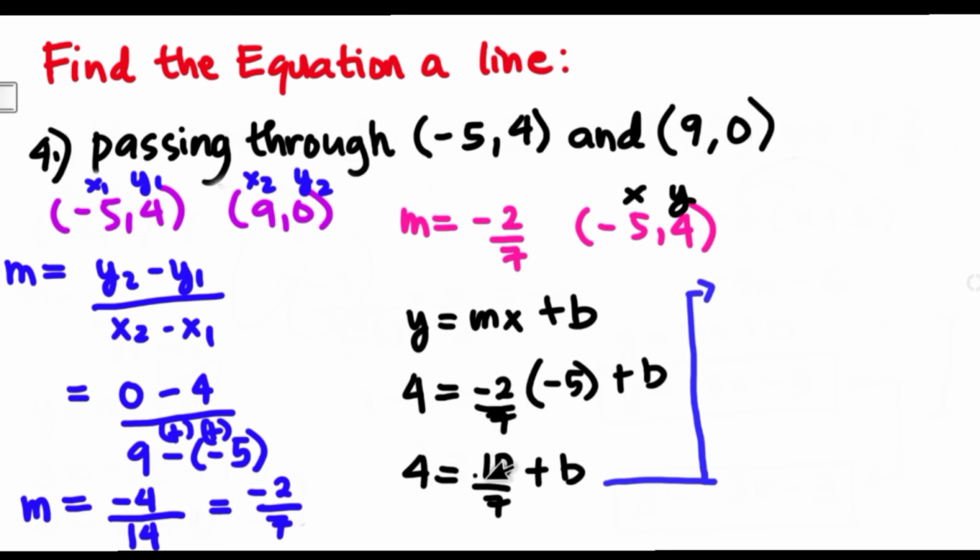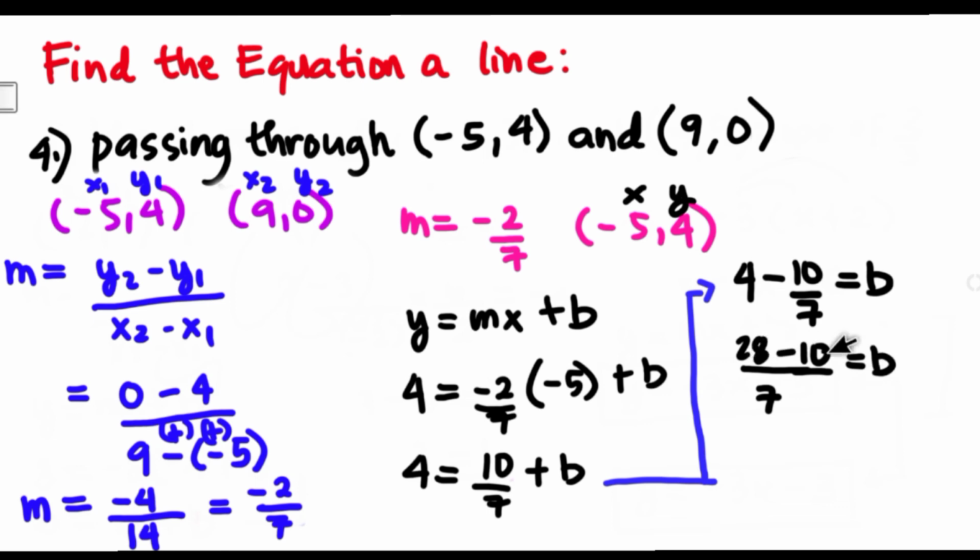And then, itong 10 over 7, kailangan mapunta sa kabila. So, add natin sa kanyang opposite. So, minus 10 over 7 equals b. So, using butterfly method, ang LCD ay 7. And then, 7 times 4 is 28 minus 10.